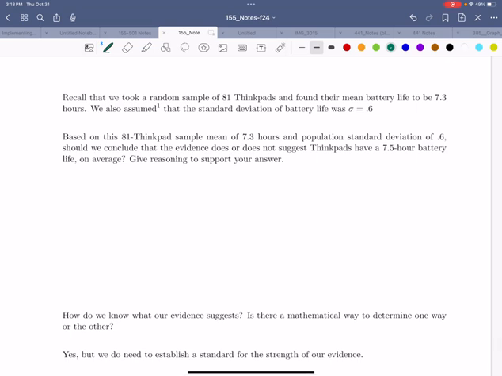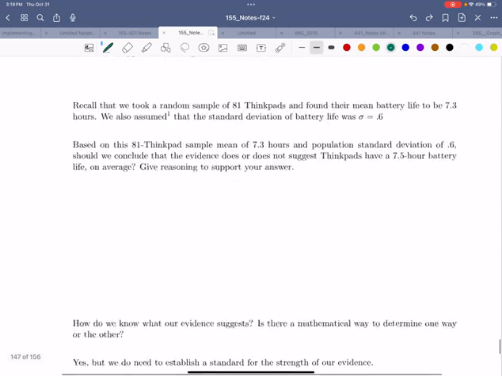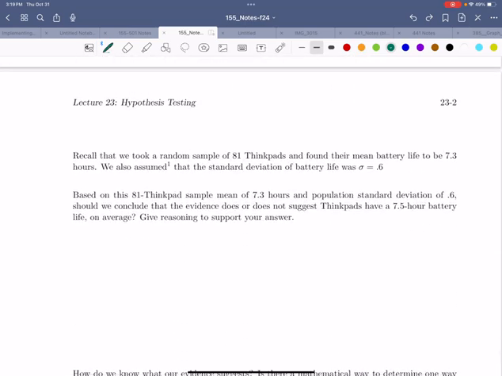So last time, remember, we took a random sample of 81 laptops. We found their battery life to be 7.3 hours. And remember, we assumed, somewhat unrealistically, that the standard deviation of the battery life was 0.6. It's unrealistic that we wouldn't know the population mean, but we would know the population standard deviation. But anyway, just assuming this for right now.